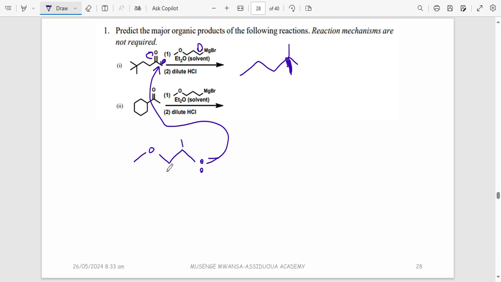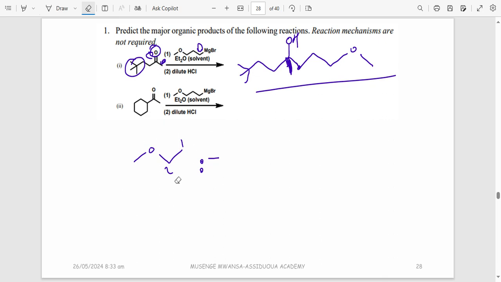And then this one that I'm taking to attach there, let me put it here. Remember, this one has got an oxygen and another group there. Remember, when you break the double bond here, what is at the end here will grab a hydrogen to form an OH. So this is going to be our product. Oh, by the way, remember that you add also this here. It's a very easy reaction.